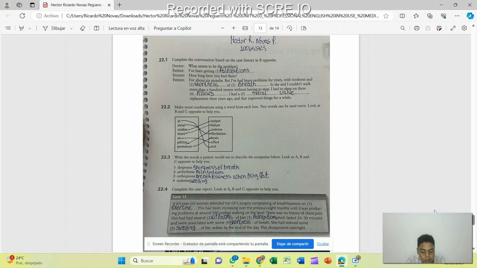She had had several attacks of heart palpitation, which lasted 20 to 30 minutes and were associated with some shortness of breath.